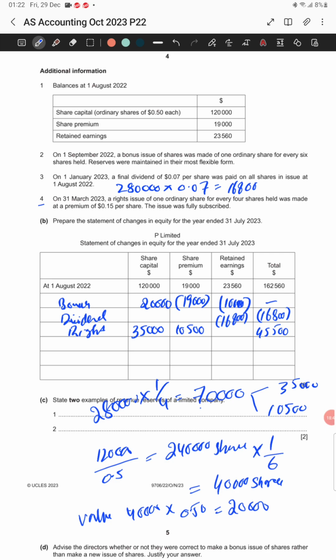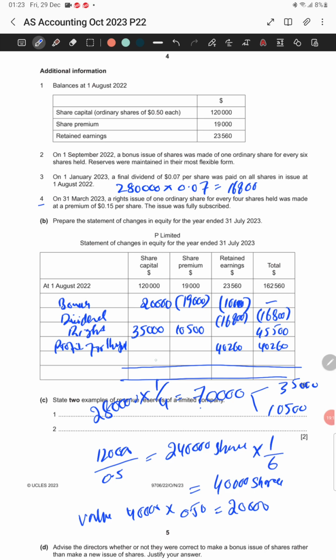And then we will also write profit for the year. Profit for the year was 40260, and now we total it.